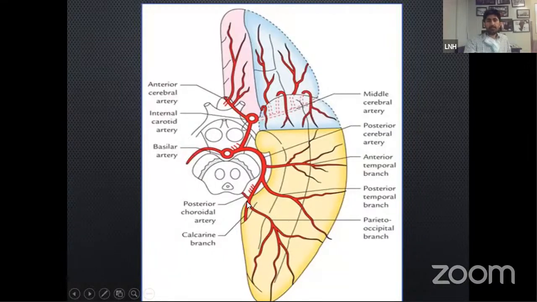And the P3 segment then divides into the parieto-occipital branch and the calcarine branch that supply the remaining part of the occipital lobe and its medial surface. These terminal branches are also known as the P4 segment of the PCA.